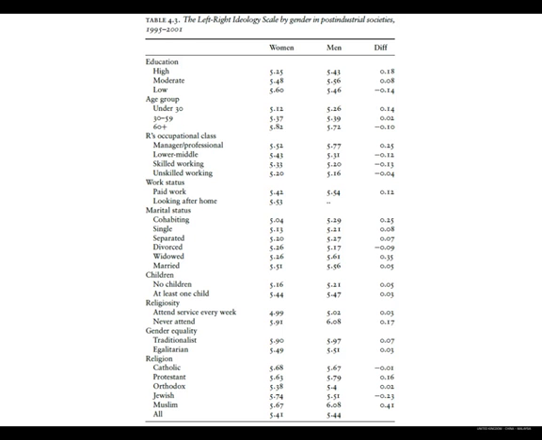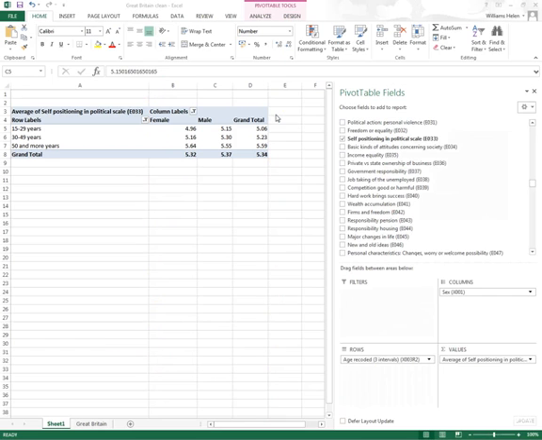And how does this look for our data set? Well, we got a mean of 4.96 for women and 5.15 for men. So this is saying that respondents in Great Britain are actually slightly more to the left than the data set as a whole.